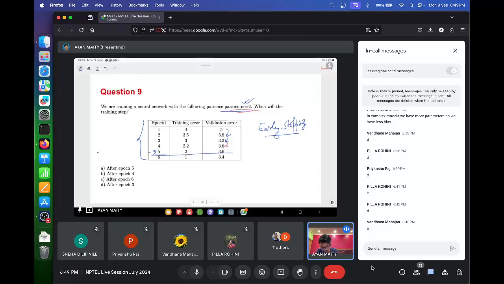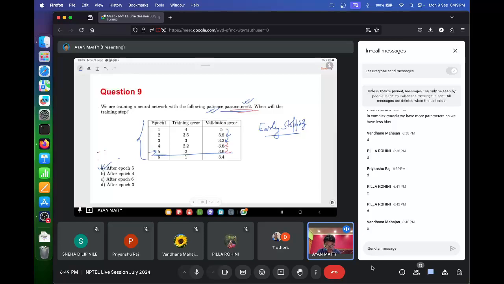So the training will continue till the 5th epoch, and after that it will stop because of this patience parameter, which is 2 here. So the correct answer will be option A, that after the 5th epoch the training process will stop.